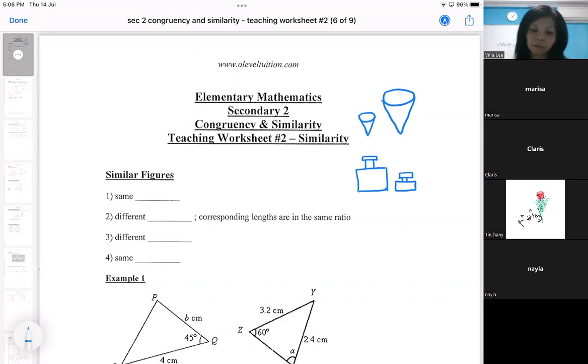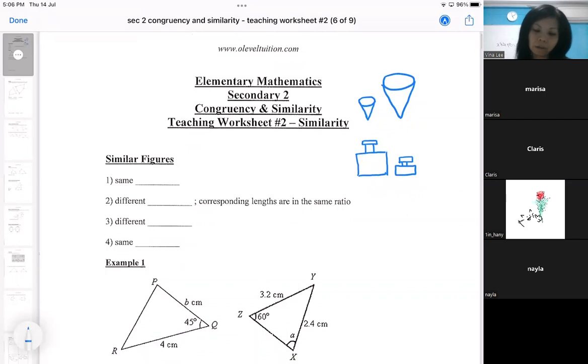If you look at similar figures, they should have the same shape. Just now I gave you an example of a cone. If this is a cone, the mini version is also a cone. So in similar figures, you are dealing with a bigger version and a smaller version, but both have to be the same shape.